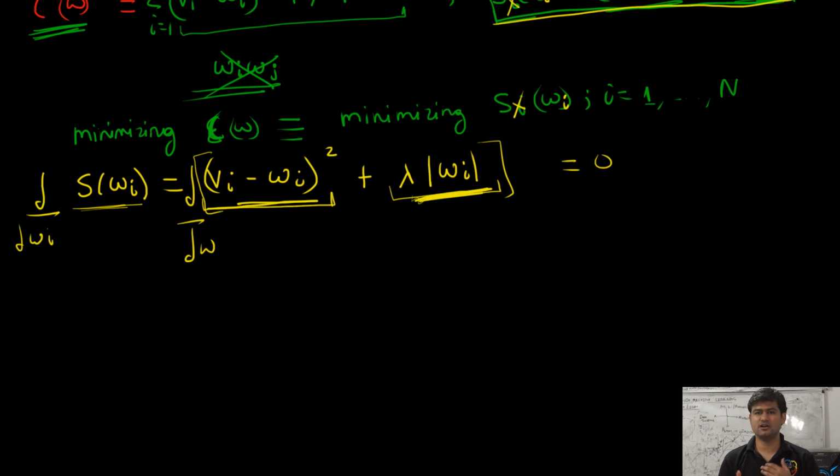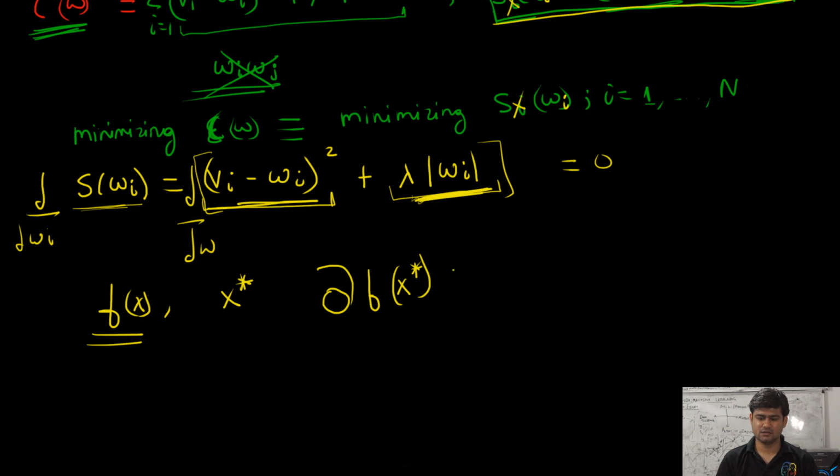Now if you recall our lecture on the subgradient methods, then for any convex function f(x), a point x star is a minimizer of function f if the subdifferential set of f at x star contains a vector of 0. That is, one of the subgradients of this function is 0.